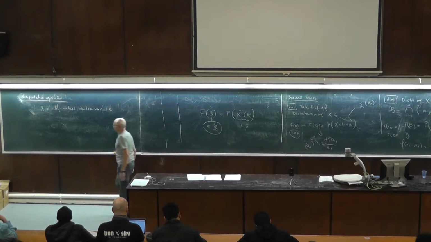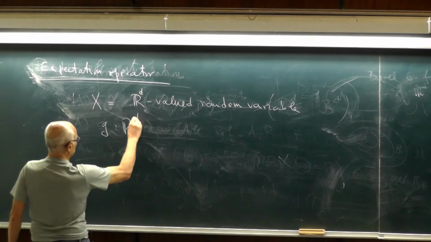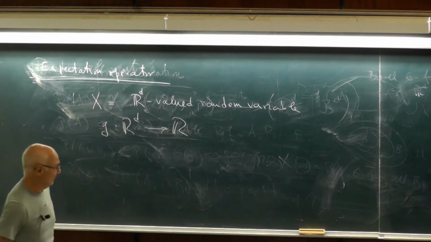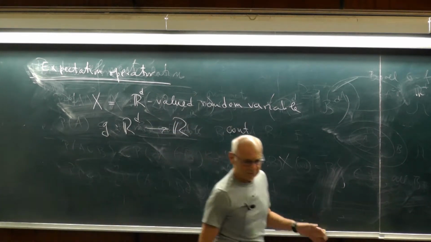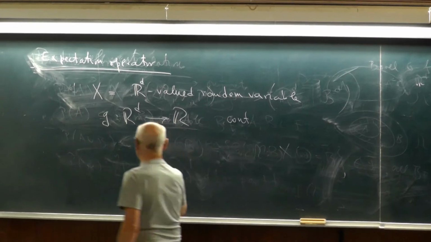And consider a function g, and just for simplicity, suppose it's continuous. Because it's continuous, it's measurable, and we don't have any other type of problems. And we are interested in this quantity.